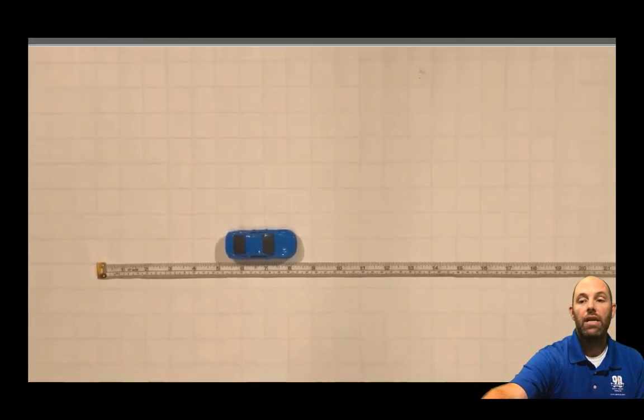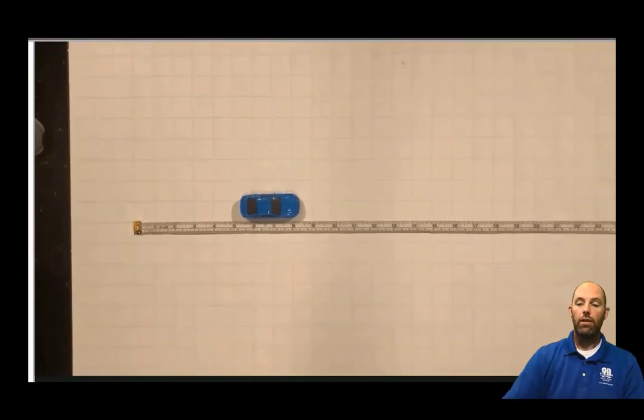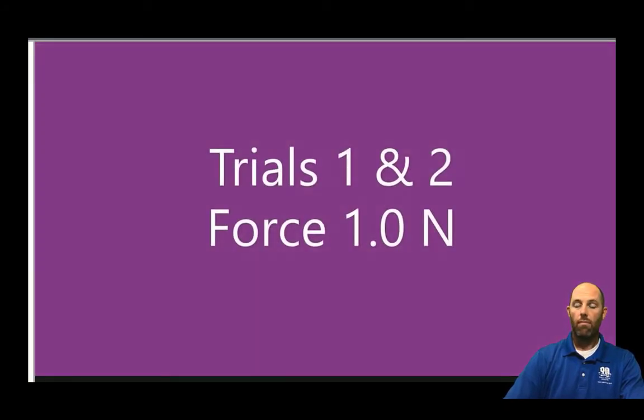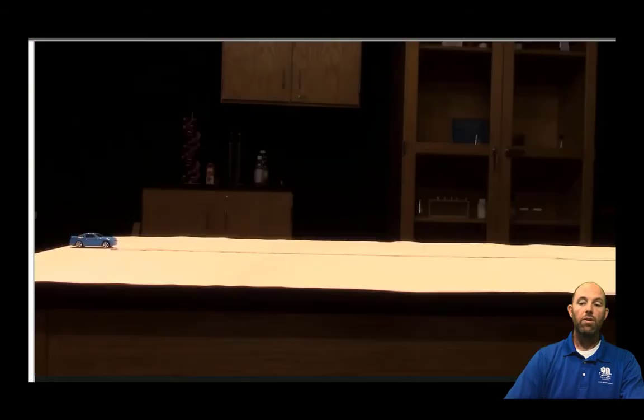Zoom back out, and now let's watch the 2 trials for 1 Newton of force. What do you think is going to happen? Wow!